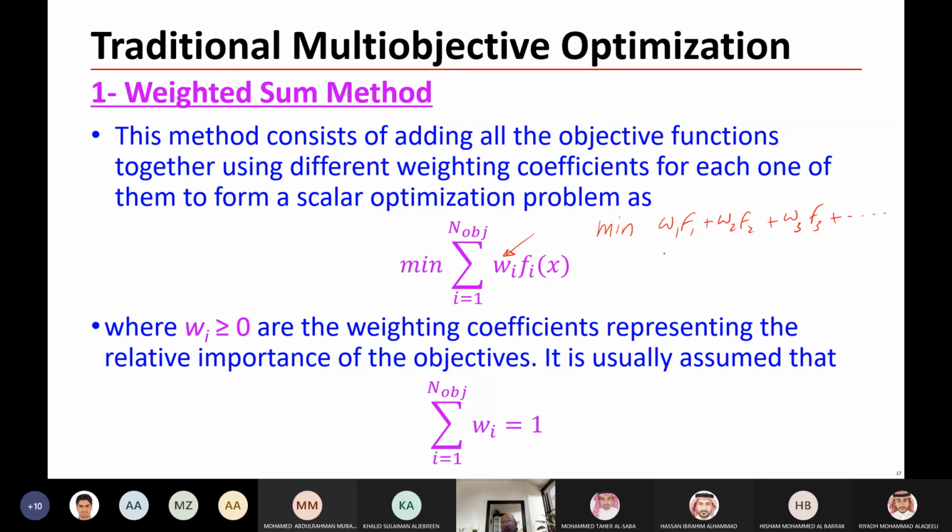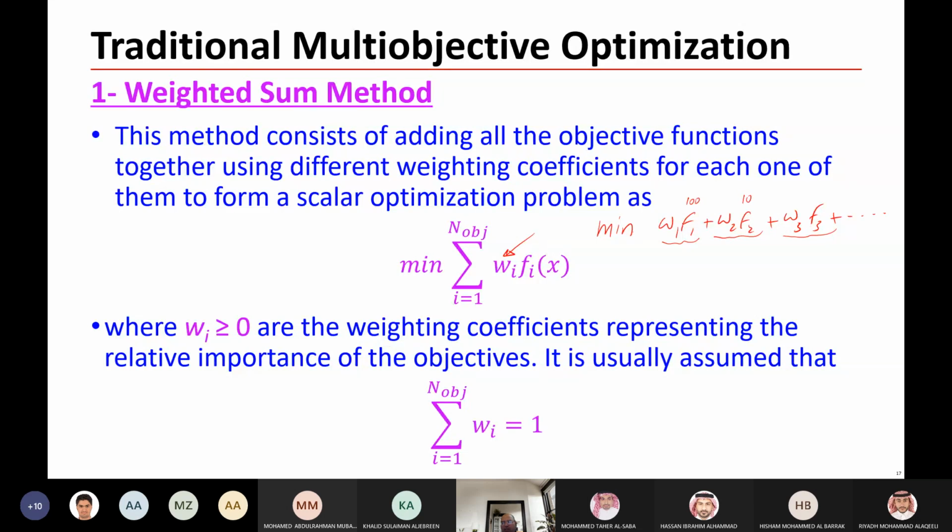So you have to make sure the terms are of the same order of magnitude. So this one is approximately 100, for example. This objective ranges in the hundreds, plus and minus. And this is, for example, 10.